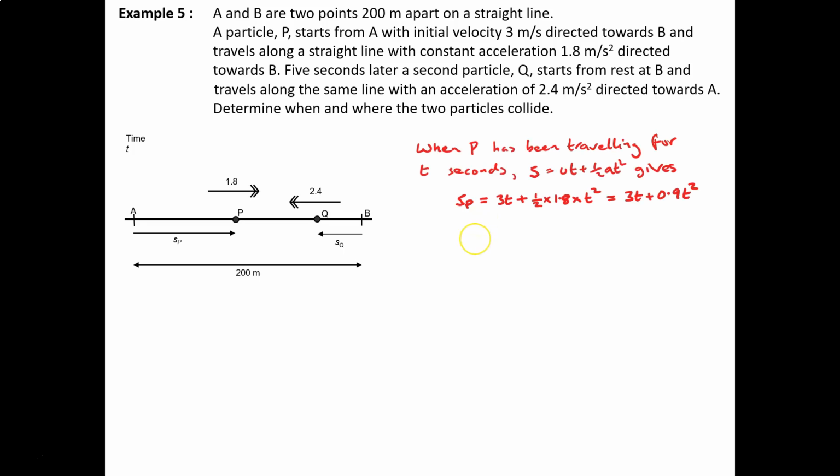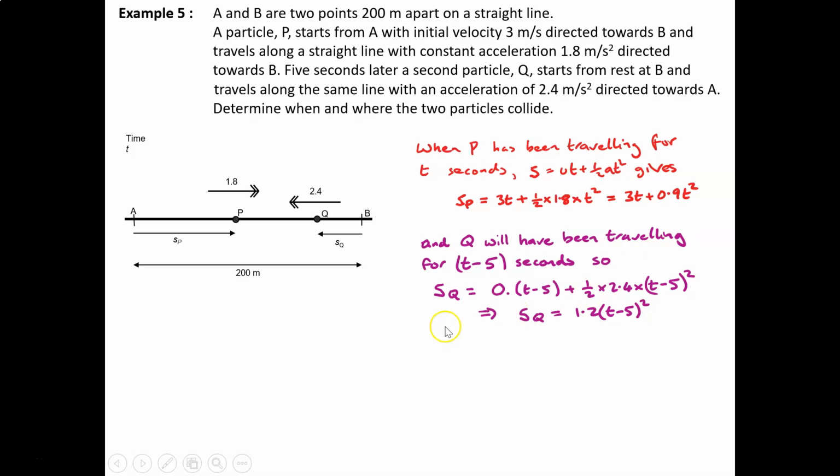When P has been traveling for t seconds, that equation gives SP is equal to 3t, 3 was its initial velocity, plus a half a, 1.8, times t squared. So we have S of P is 3t plus 0.9 t squared. So that's the first equation. Q will have been traveling for t minus 5.